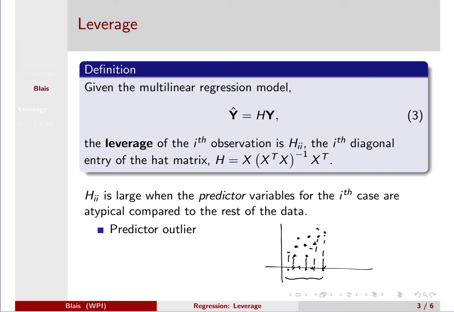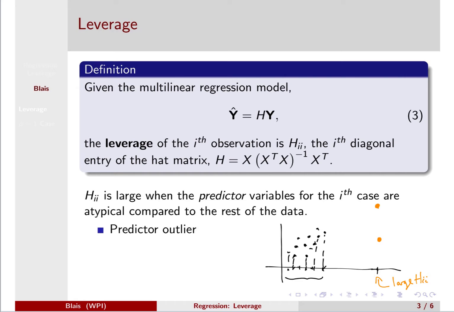But if you had one value for the predictor that was far out here, this would be a point with a high leverage value. Now note, we're not specifying anything about the actual response value. You could have something here, or you could have something here. And note that this is pretty consistent with the regression line that would be formed by these points on their own, whereas this one is not.